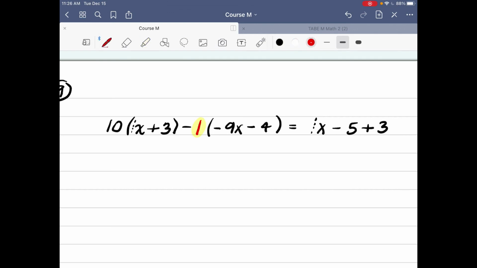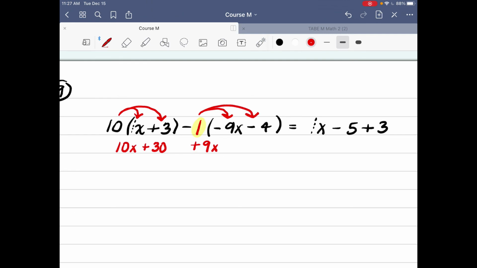Okay, so we're going to distribute. I have 10 times 1x, that would be 10x. And then 10 times positive 3 is positive 30. And then I have negative 1 times negative 9, that is a positive 9 with an x.